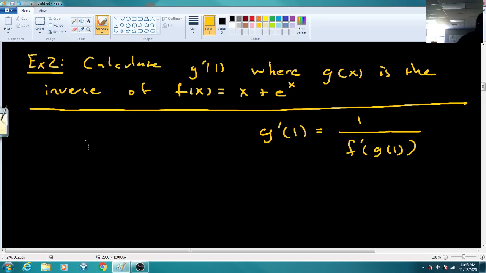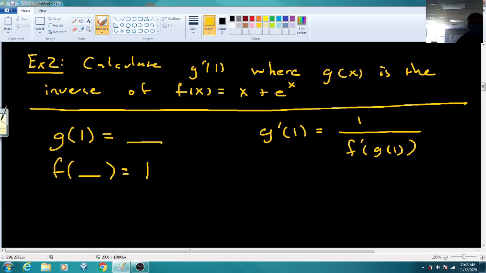So what we have to do is say, well, I'm looking for g of 1. So g of 1 equals something. That will mean f of that something equals 1. So I need to think, what could I replace the x's in this equation and get 1 back?